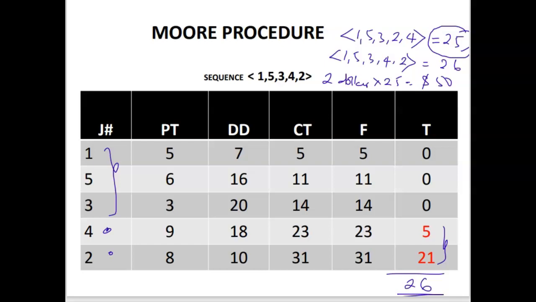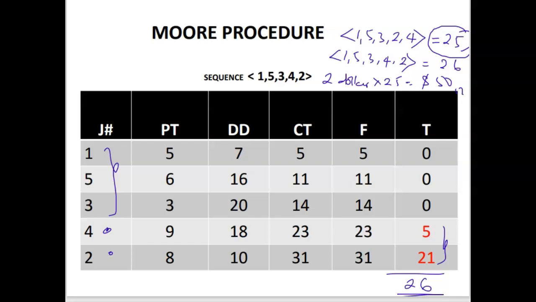While in the second case, it will be 26 times 2. So that's what we are going to pay. That will give us 52. So we are going to pay more. So you go with the one that will reduce your cost. You can see that we have moved from 4 delayed jobs to 2 delayed jobs using Moore's procedure. That is the end of Moore's procedure.